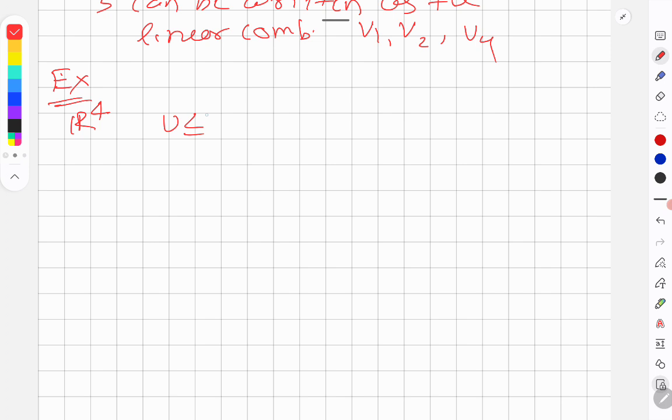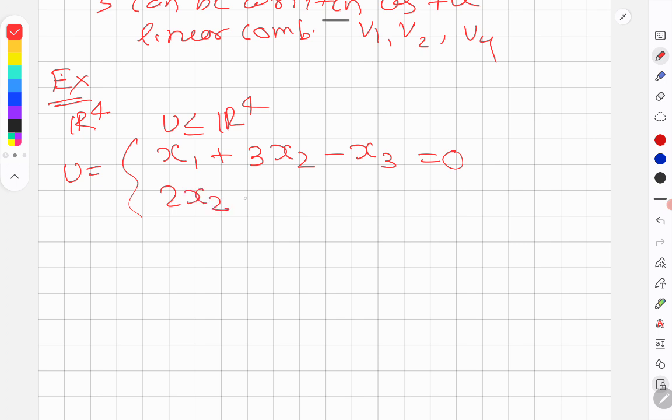you will get acquainted with these terms if you are not acquainted right now. I will be solving the questions. You have the equation of u as x1 + 3x2 - x3 = 0. Then you have 2 times x2 minus 2 times x3 minus x4 = 0. Then you have w.